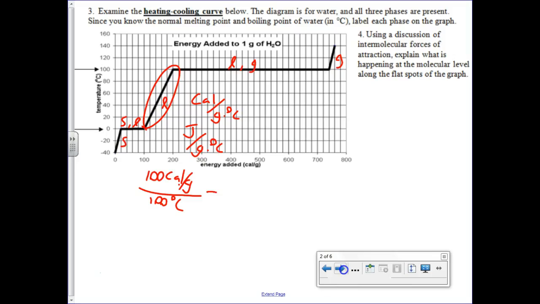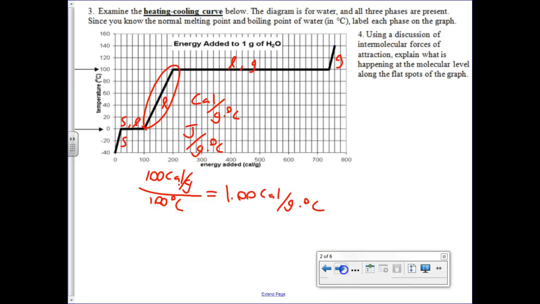So in other words, the specific heat capacity of liquid water is 1 calorie per gram times degree C, which hopefully sounds very familiar because that's exactly what we've been telling you since like 7th grade. So the slope you can use to find the specific heat.